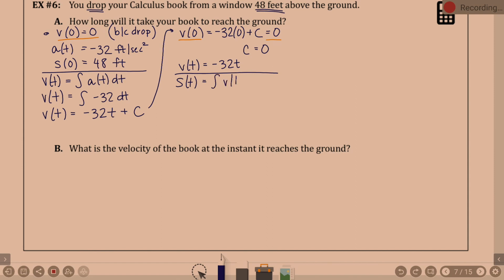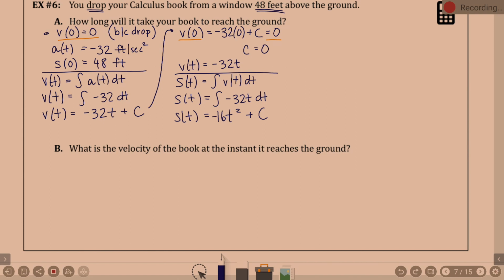Okay, now I get where you get 16. So S of t is the integral of negative 32t dt. We're going to integrate, add 1 to the power, divide by the new power, so negative 16t squared plus c.